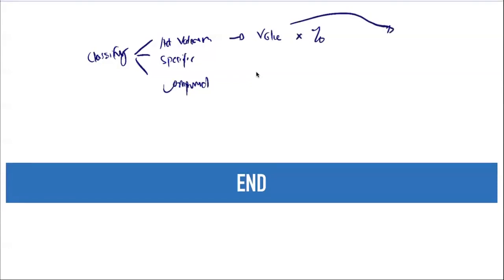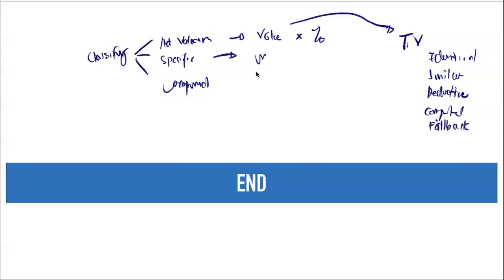How do we collect for the value? First, transaction value. If no transaction value, identical. If no identical, we get the similar. If no similar, then we can get the deductive value. If no deductive, then we can get the computed. If no computed, then the last one, fallback value.